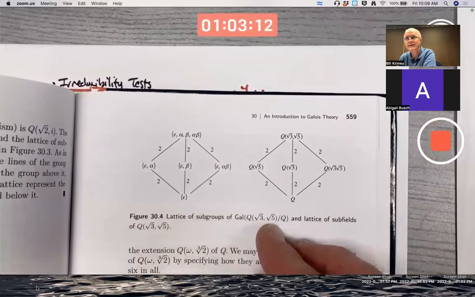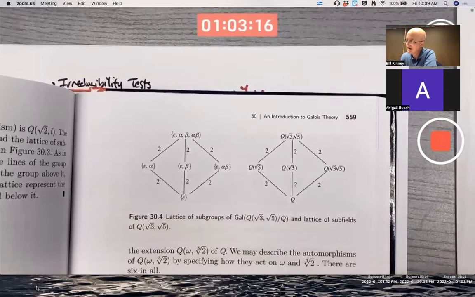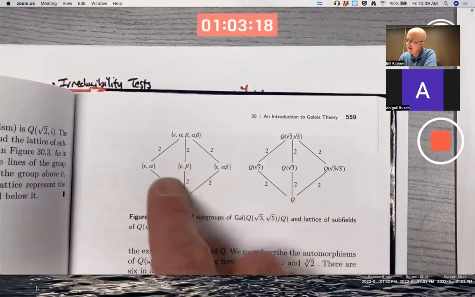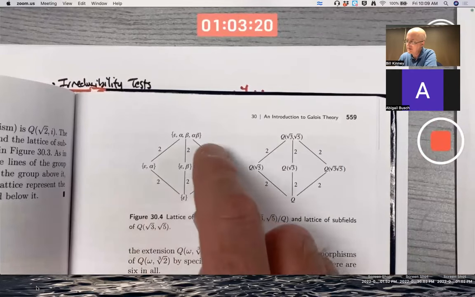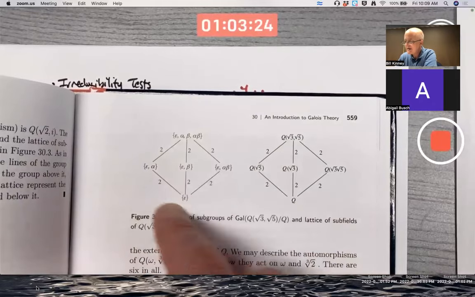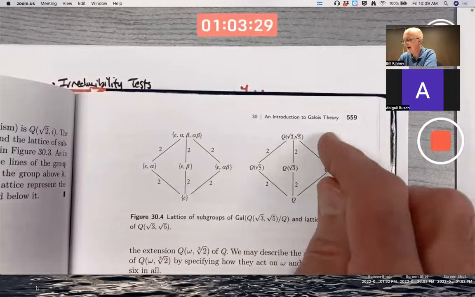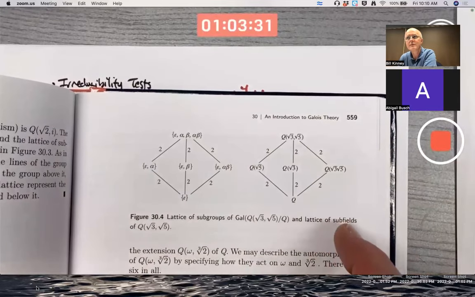And the theorem is essentially saying there's a correspondence between these lattice diagrams. And for example, that would mean since there are, well, if you include the trivial subgroup and the whole group itself, there are 5 subgroups of the Galois group, there's got to be 5 fields in this diagram too.